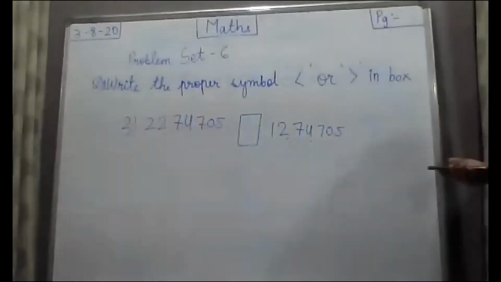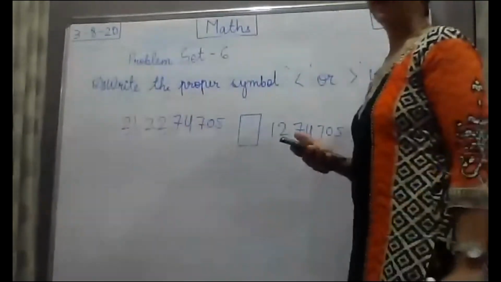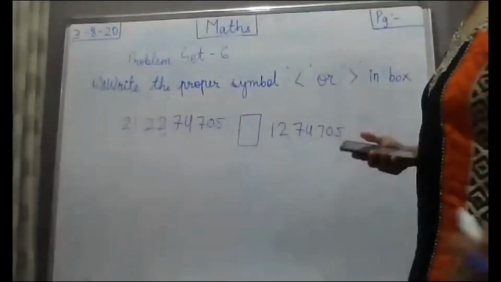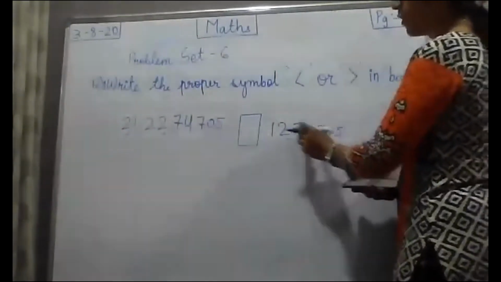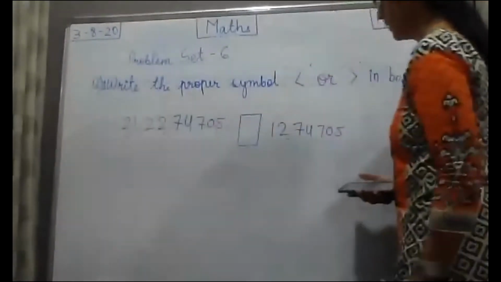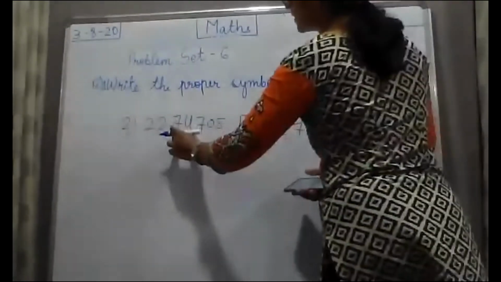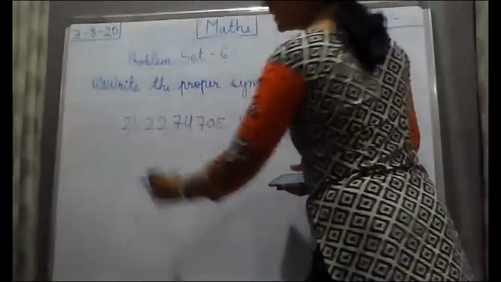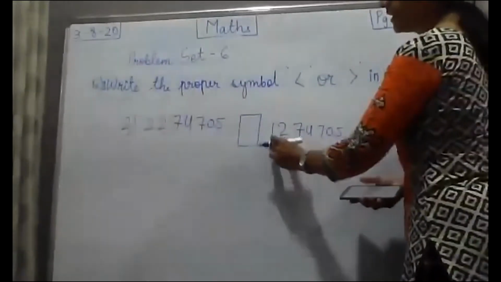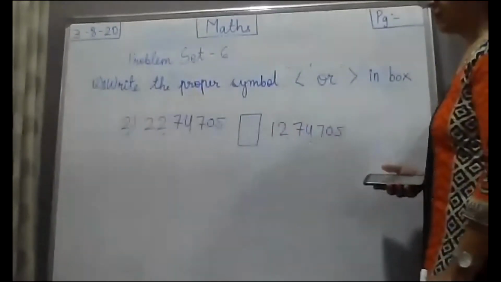Now you notice how to find the greater number. You see here 705, 705, and 74,000, 74,000. But here it is 22 lakhs and here it is 12.